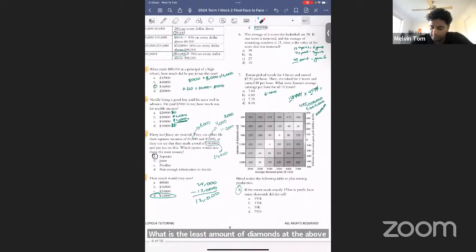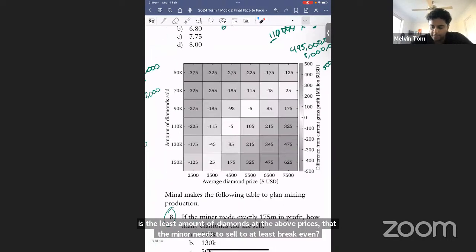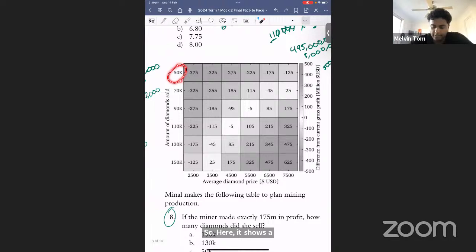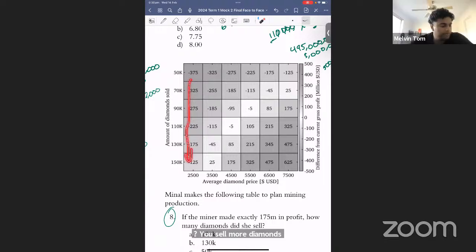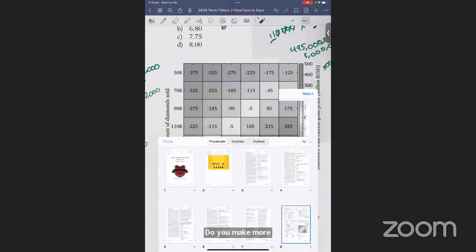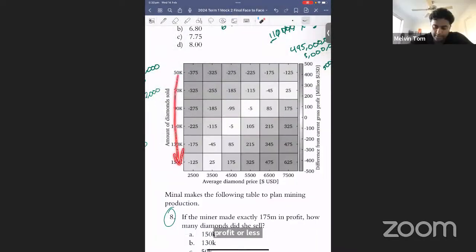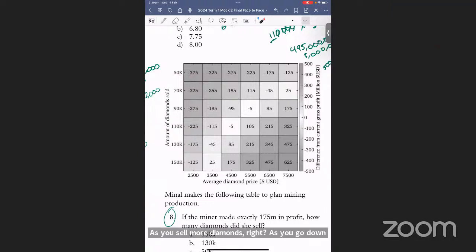So here it shows a different number of diamonds. And what can you see, Ishita? If you sell more diamonds, do you make more profit or less profit? As you go down like this, do you make more money or less money? You tell me.